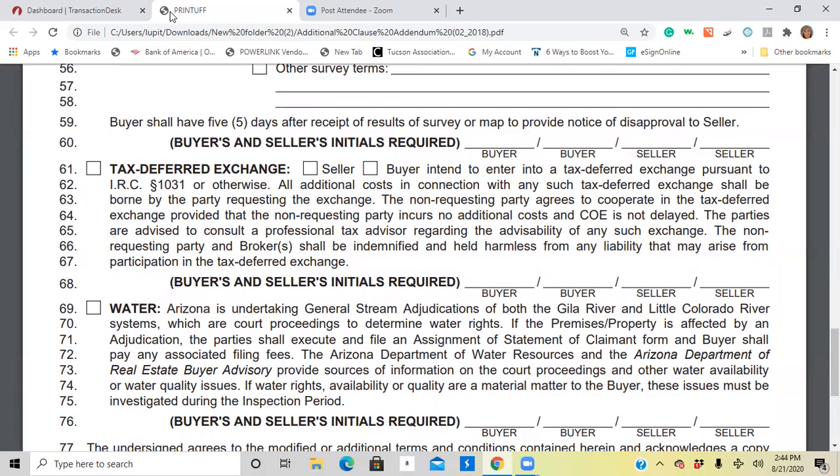The non-requesting party agrees to cooperate in the tax deferred exchange, provided that the non-requesting party incurs no additional cost and close of escrow is not delayed. Parties are advised to consult a professional tax advisor regarding the advisability of any such exchange. The non-requesting party and broker shall be indemnified and held harmless from any liability that might arise from participation in a tax deferred exchange.